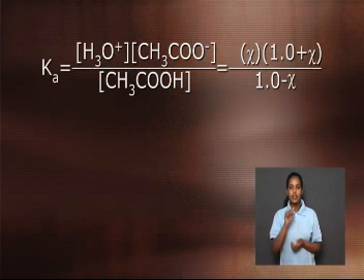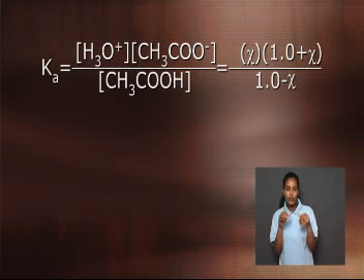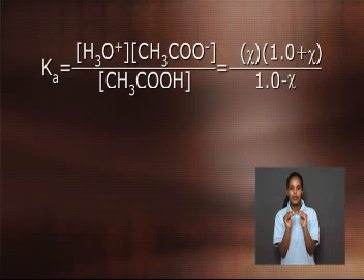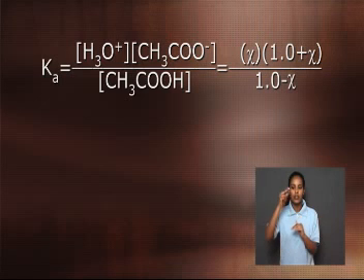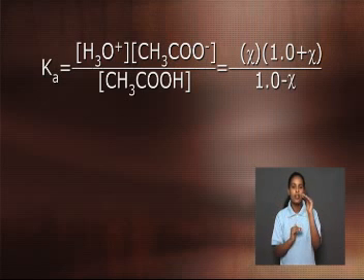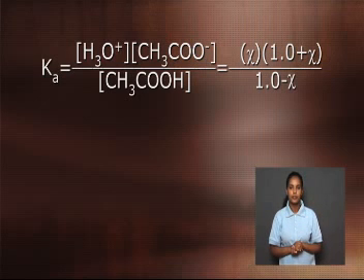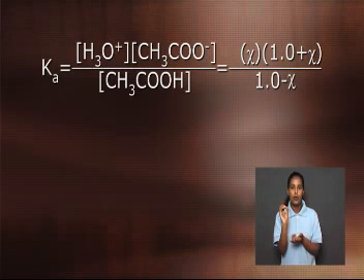The acid dissociation constant is equal to the equilibrium concentration of hydronium ion times that of acetate ion divided by the equilibrium concentration of acetic acid, which equals X times (1.0 plus X) divided by (1.0 minus X).